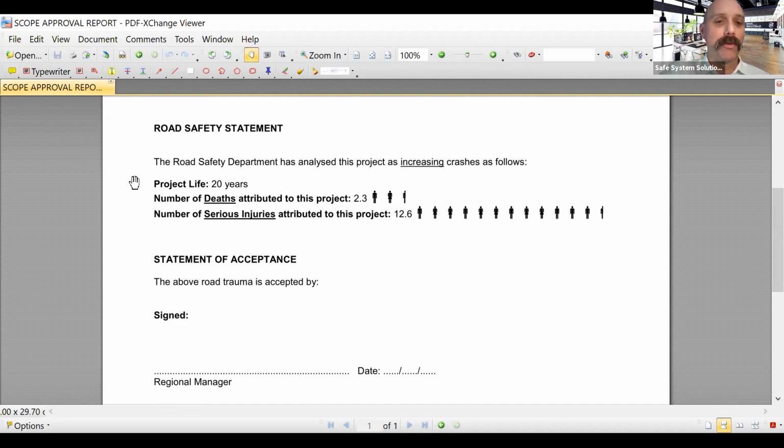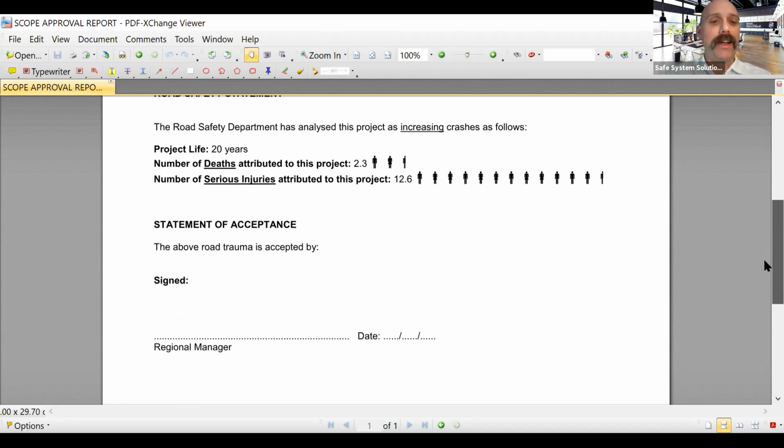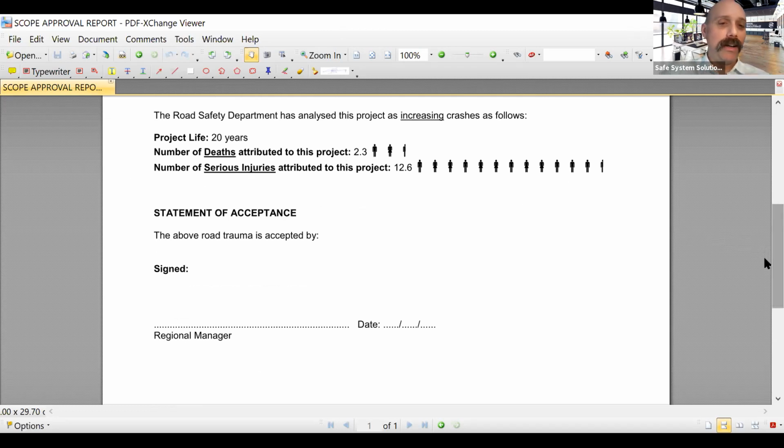Project life, 20 years. Number of deaths attributed to this project, 2.3. Number of serious injuries attributed to this project, 12.6. And I put little people just to remind them these are not just numbers, these are people. And then a statement of acceptance.